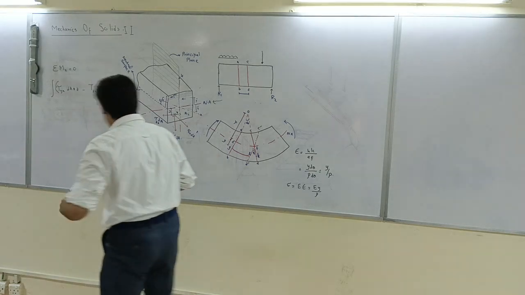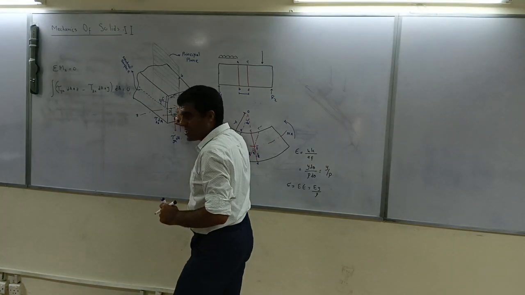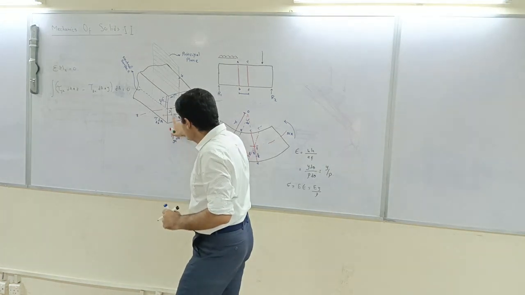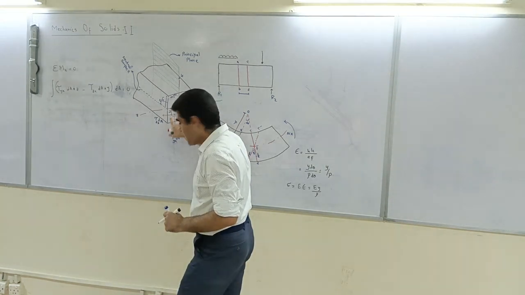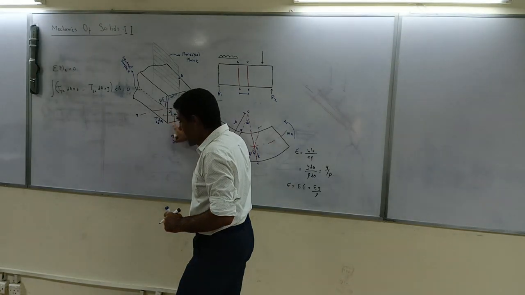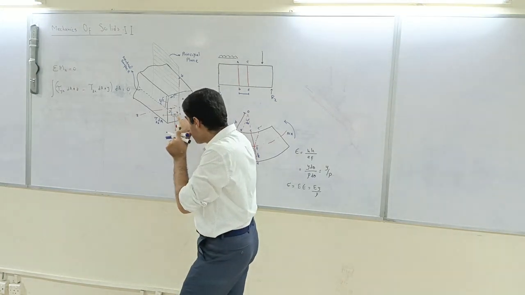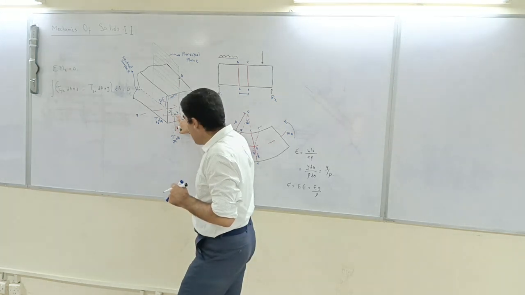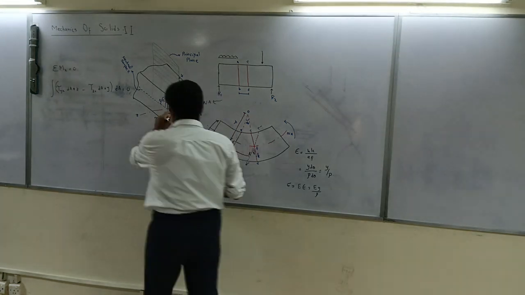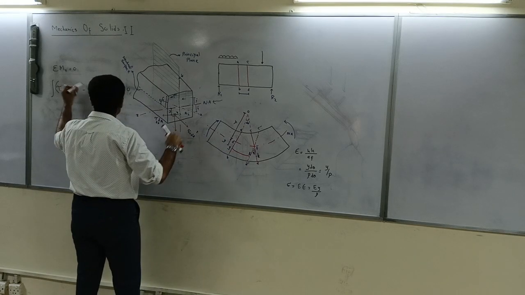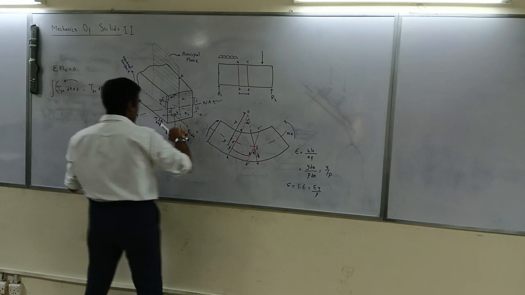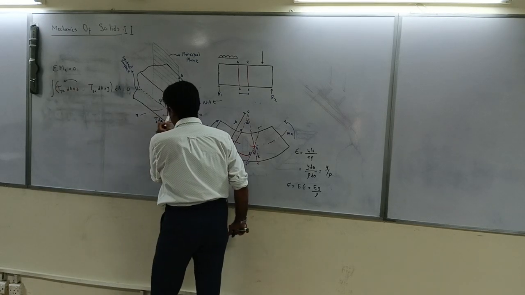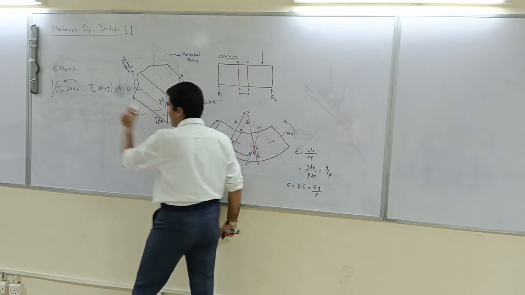So what I've done is I've taken moment about this origin. We have got this element tau yx dA times z, which is in this direction. So that will be in this direction, and tau zx dA in that direction.